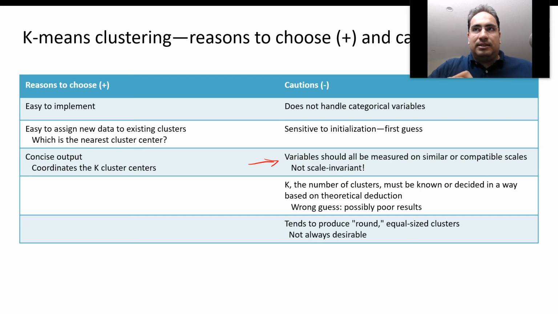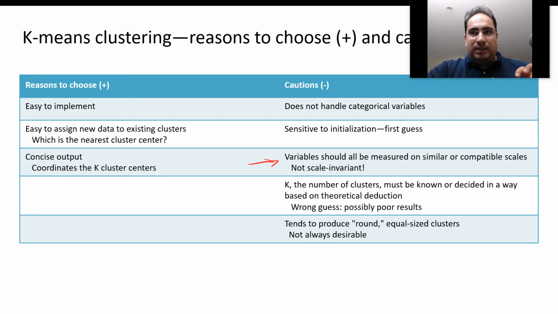So k-means is not scale invariant. We talked about normalization. Normalization is quite important, and actually standardization is very important here in k-means. You have to make sure that your data is standardized so that the scales and differences between each feature are comparable to another feature. Otherwise, one variable could be more important than the other variable, and then the data is not put into clusters based on the variables as a holistic group.